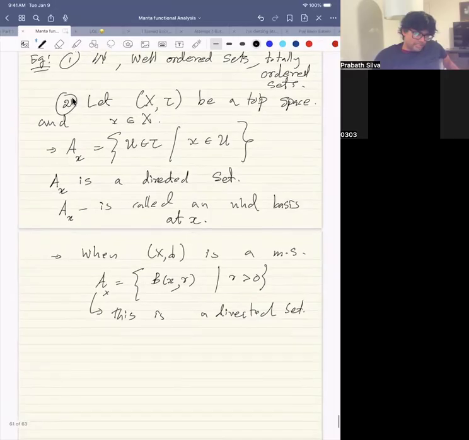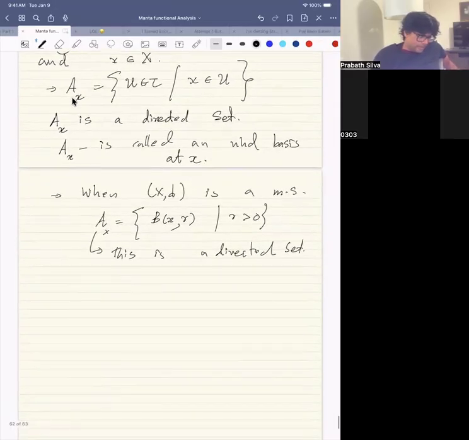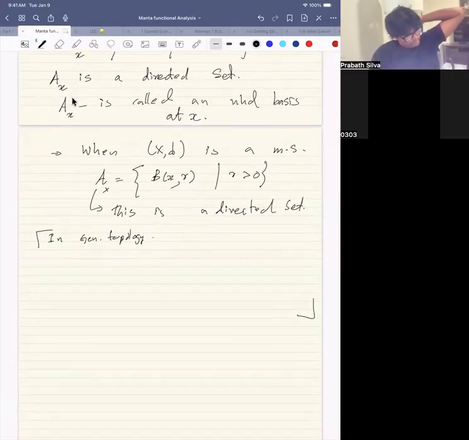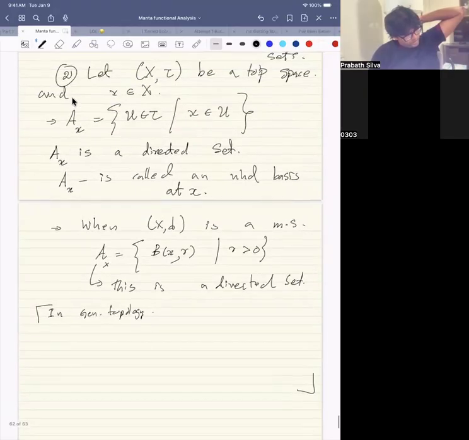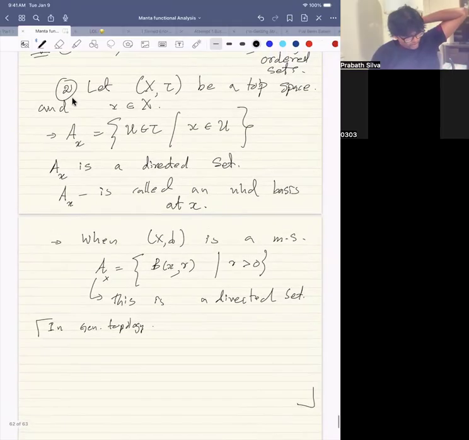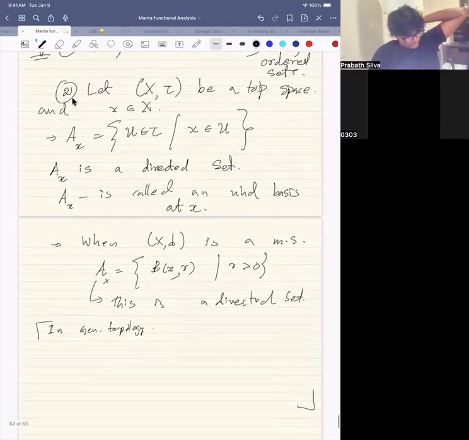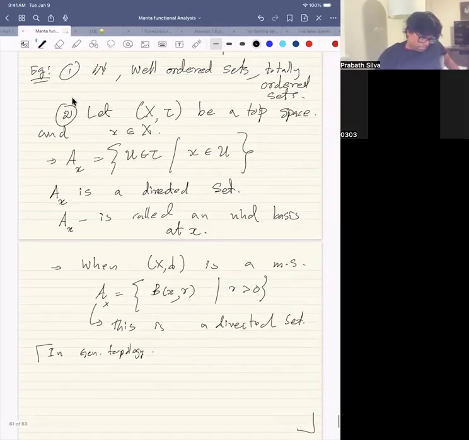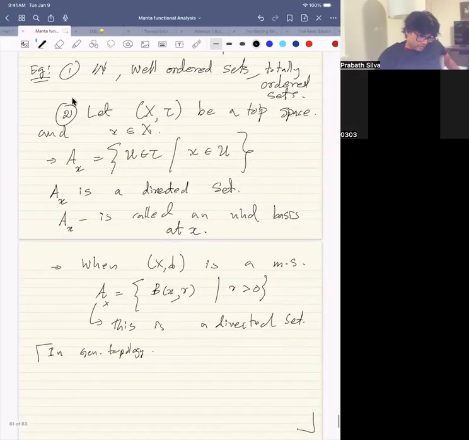All these examples, if you look at this in general topology, we have what we call... So this word is not the neighborhood basis.